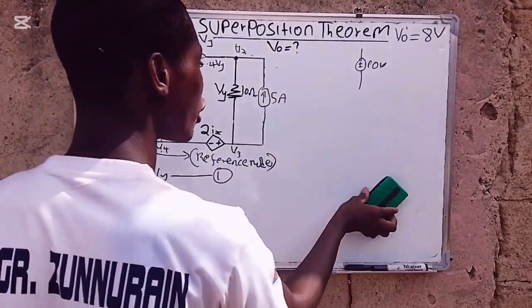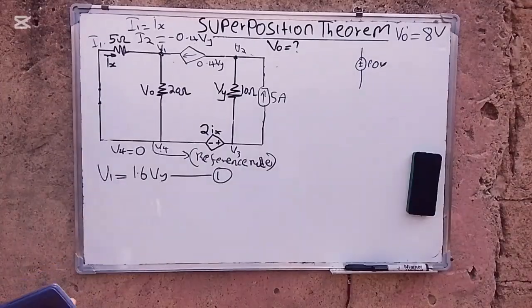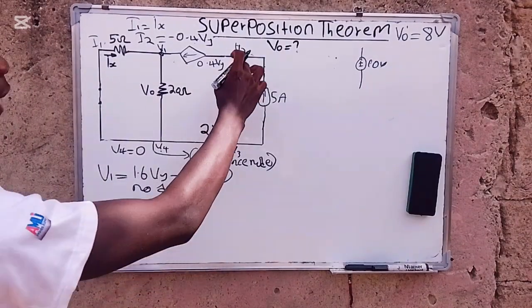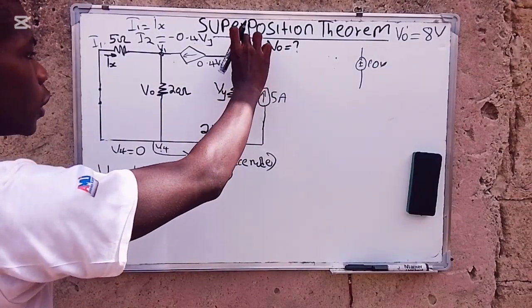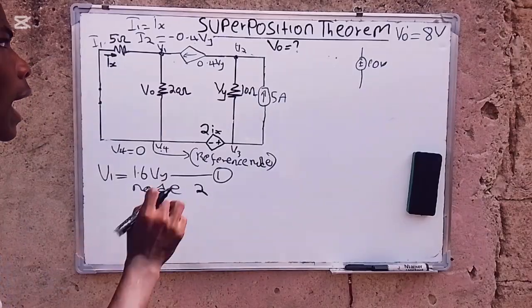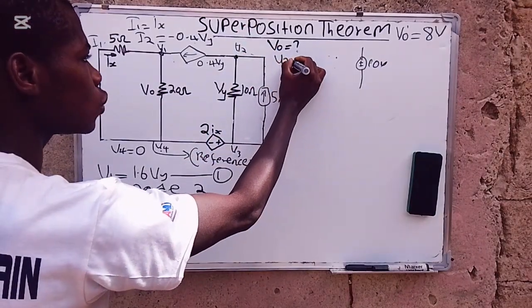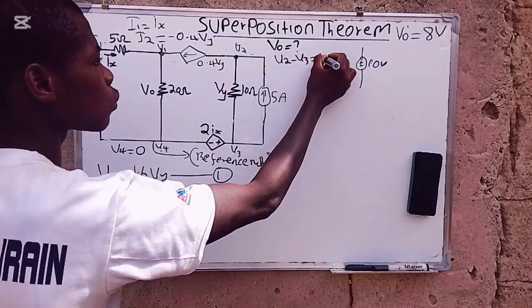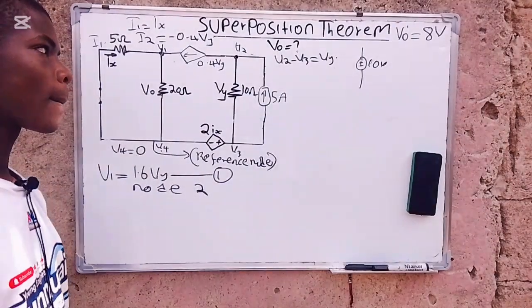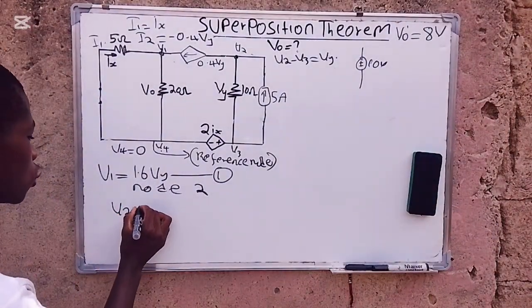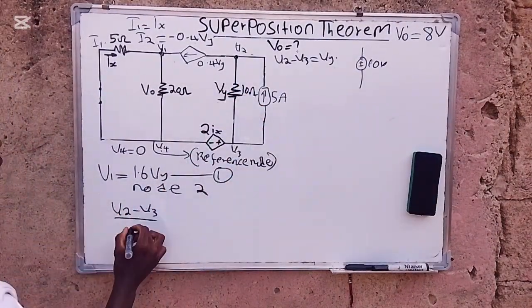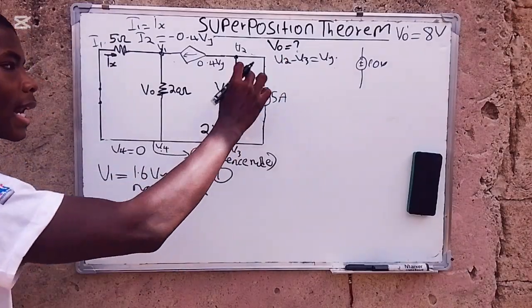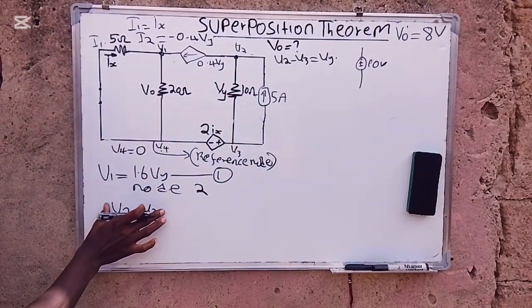I have to take a look at node 2. Node 2: V2 minus V3, and V2 minus V3 is the same thing as Vy. So I should now say V2 minus V3 divided by 10, and it is the same thing as Vy. I can remove this and put Vy.